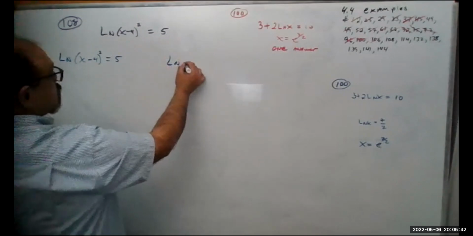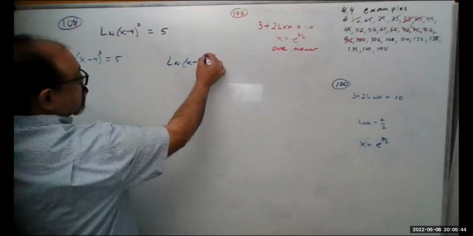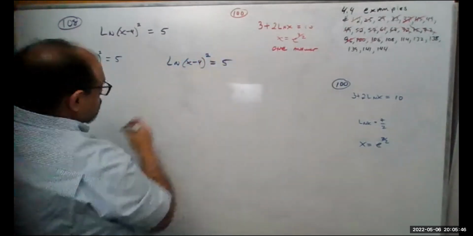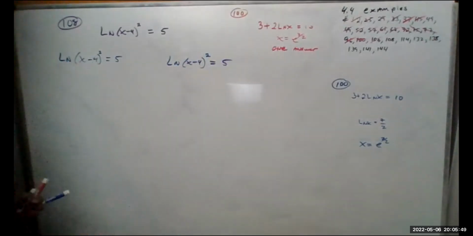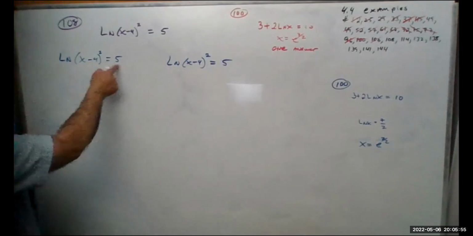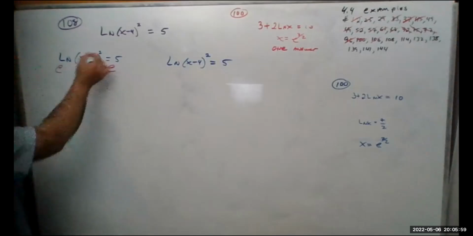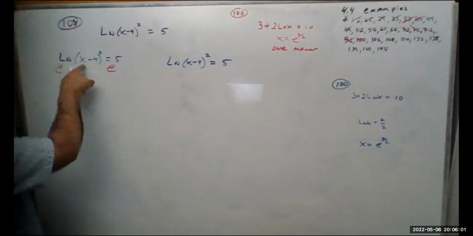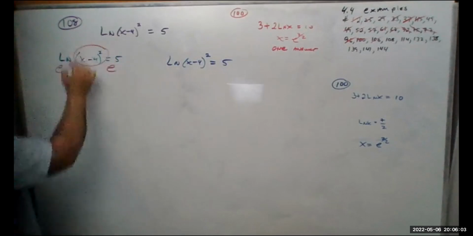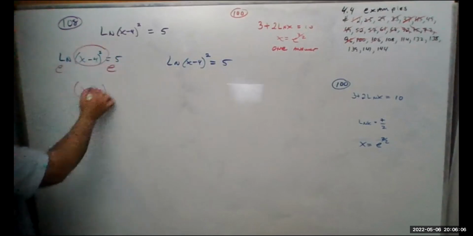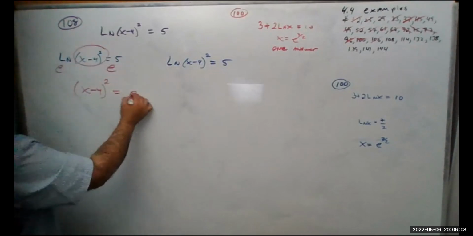Over here, natural log of x minus 4 squared equals 5, exactly as is. You have a logarithm equals 5, so the base is e. So now it's e to the natural log of x minus 4 squared, which is just x minus 4 squared. And on this side, e to the 5th.